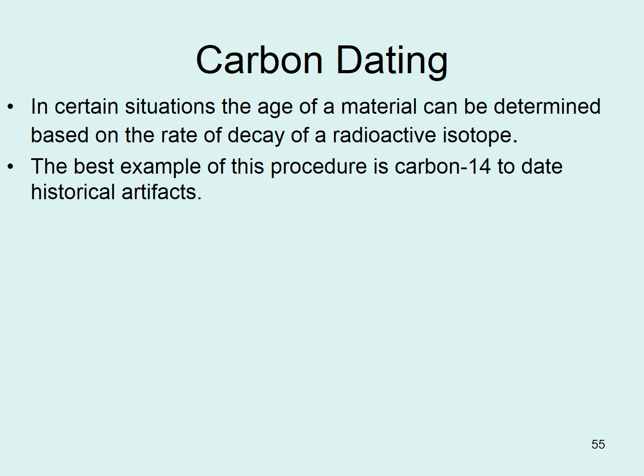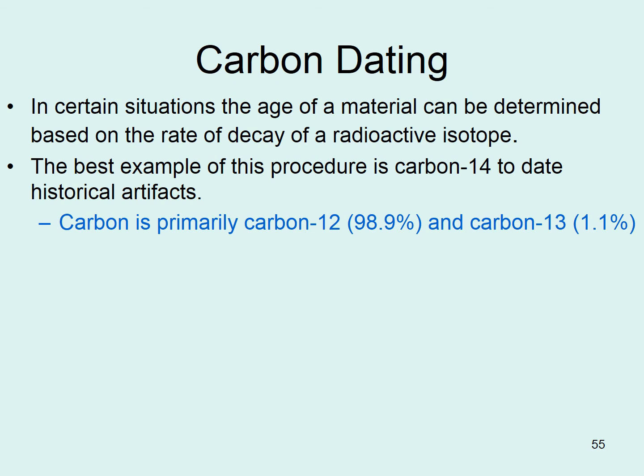So carbon dating is one way to do that. You can date historical artifacts that have some kind of carbon in it, either people or trees or anything that's organic in nature.